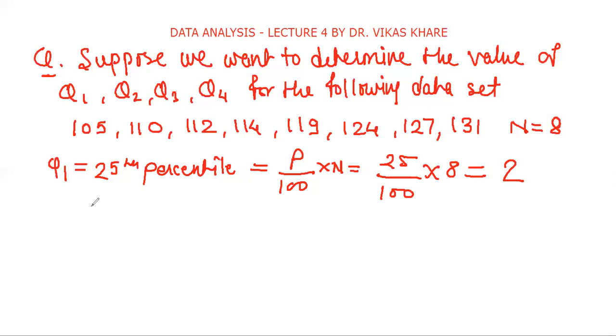So we find the value of P25 using the formula P upon 100 into N, where P is 25 and N is the number of counts, which is 8. So 25 divided by 100 into 8 is equal to 2.